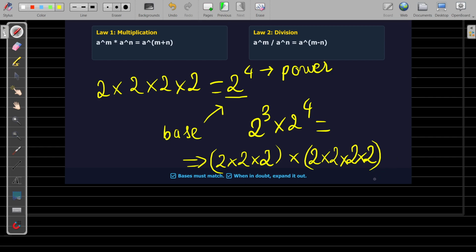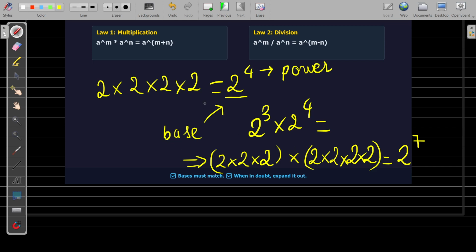Let's count them up: 1, 2, 3, 4, 5, 6, 7. So this is a multiplication of a total of 7 2's together. I'll write the big 2 and the small 7 here, so that is 2 to the power of 7.